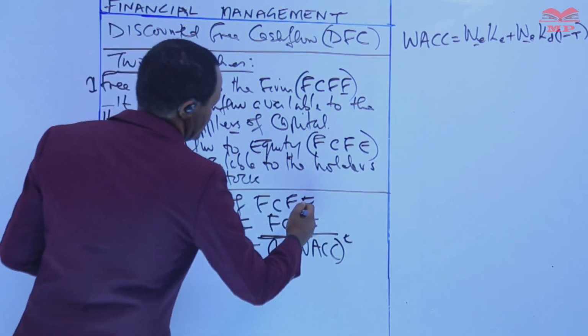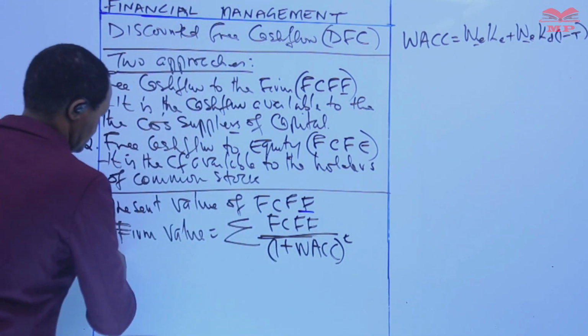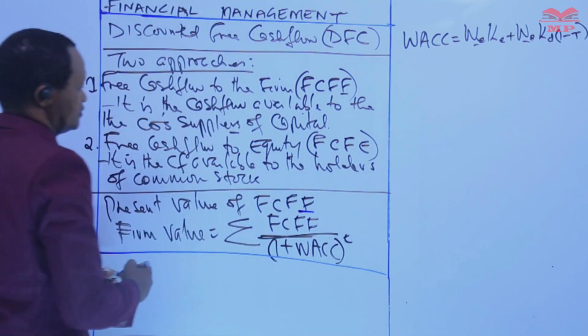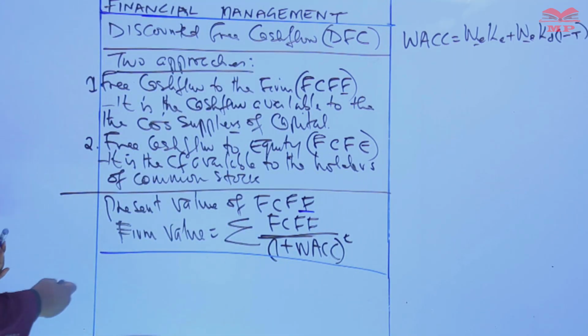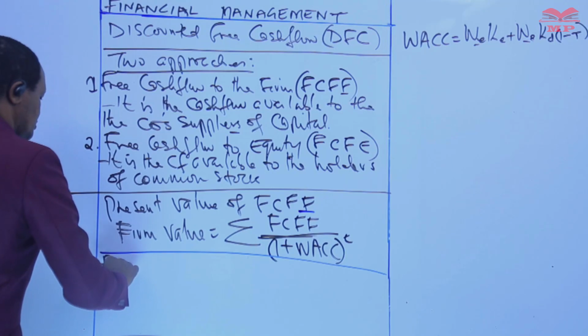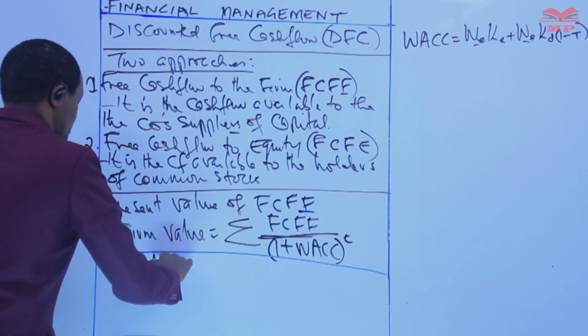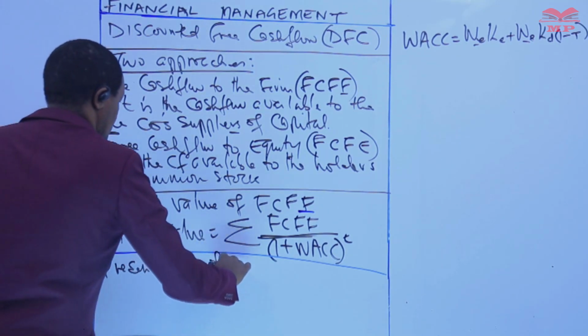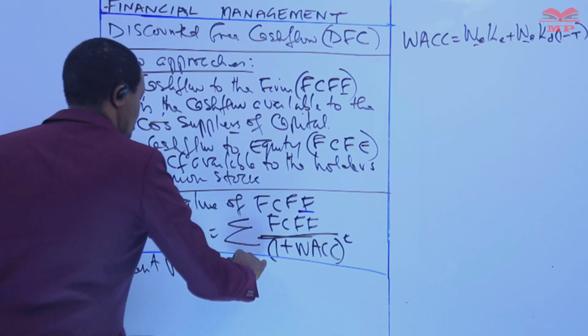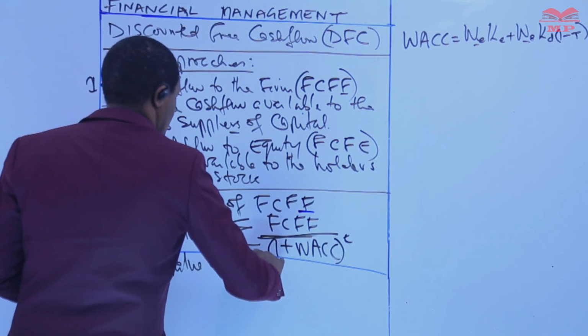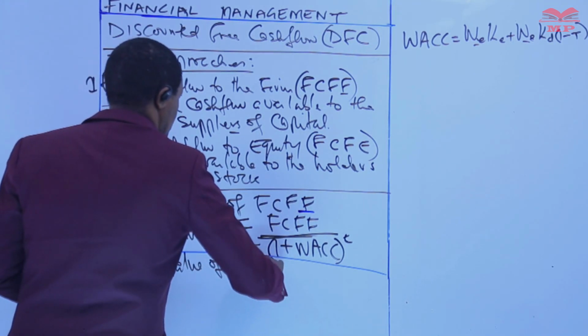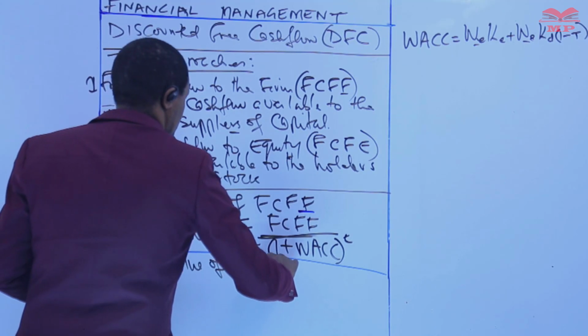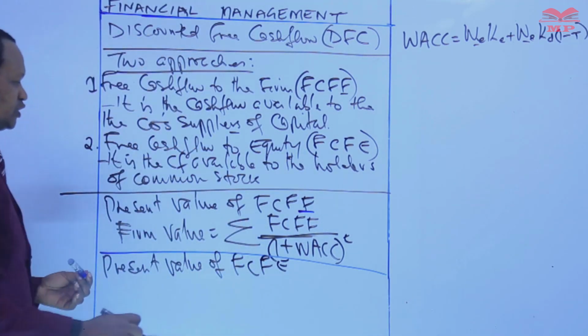This is to the firm. Then we need to calculate the present value of future cash flow to equity. Cash flow to equity. What is the formula?